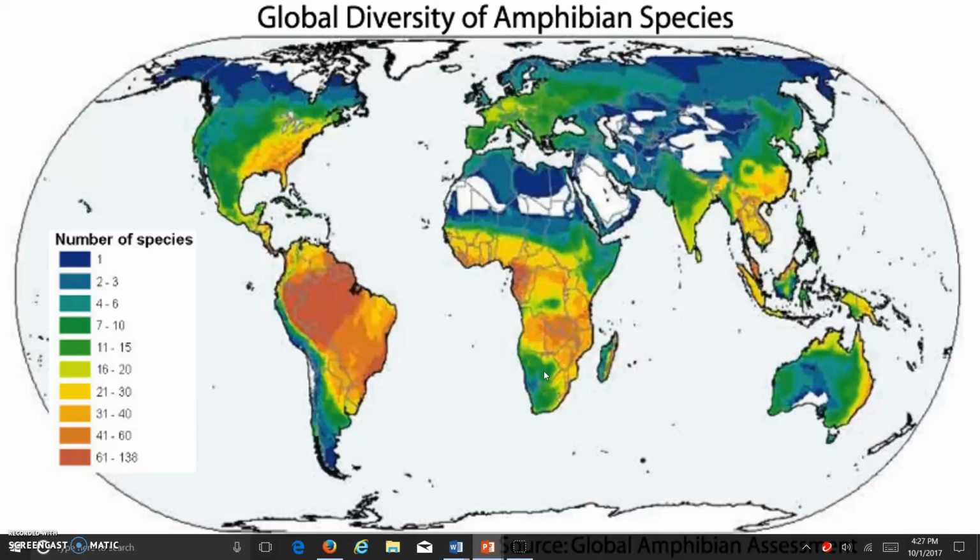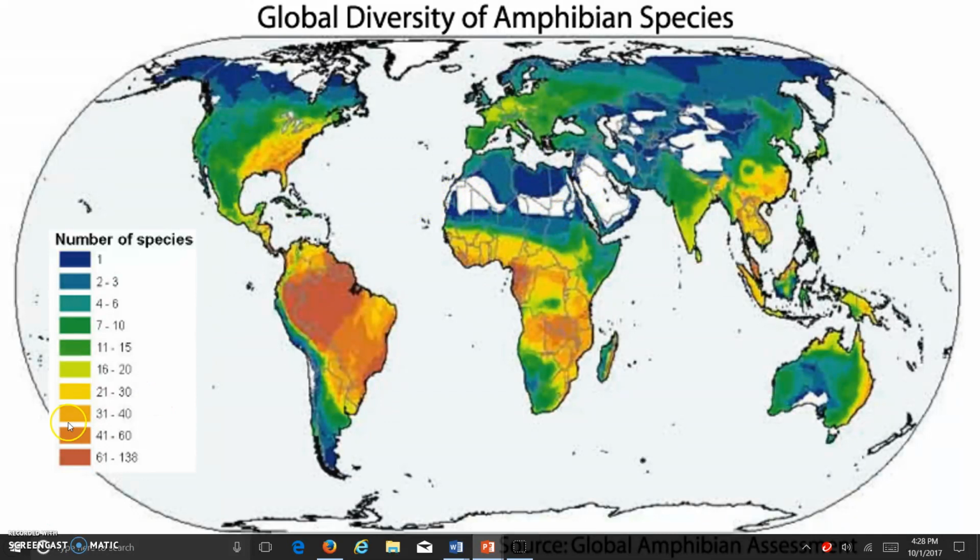This map shows the global diversity of amphibian species throughout the world. Notice that the dark blue colors indicate few amphibian species living in those regions like northern Canada, Alaska, Russia. That's probably attributed to the tundra climate and that it's just too cold for the amphibians to live in that region. Here in northern Africa, we have some desert regions, so it may be that there's a lack of water available for the amphibians.